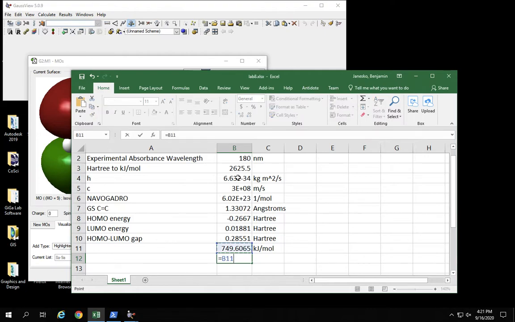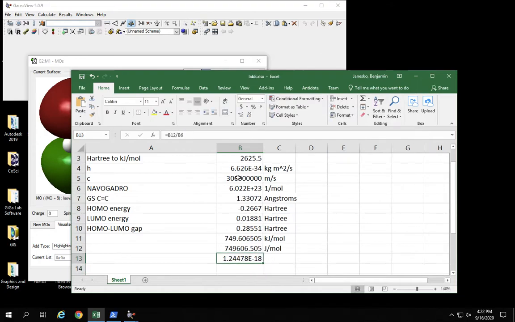I can multiply it by 1,000 to get it in joules per mole. I divide it by Avogadro's number, per mole, to get in joules, which is kilogram meters squared per second squared. Right? So that's the photon.